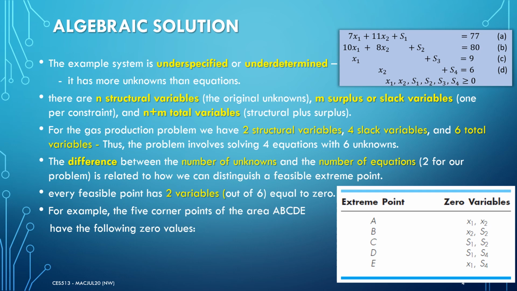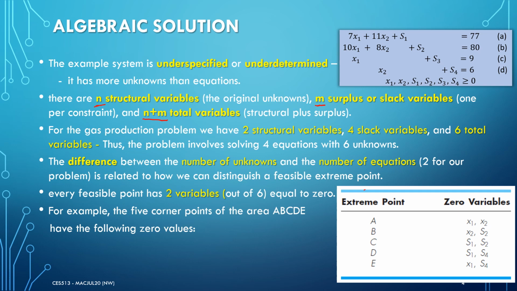So in general terms, there are n structural variables that come from the original unknowns, and then there are m surplus or slack variables, one per constraint, and then n plus m total variables. That is the structural plus surplus variables.